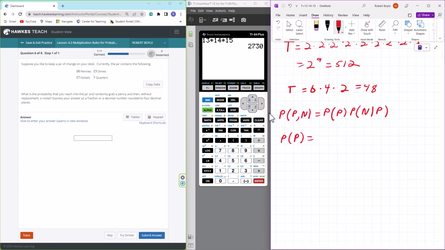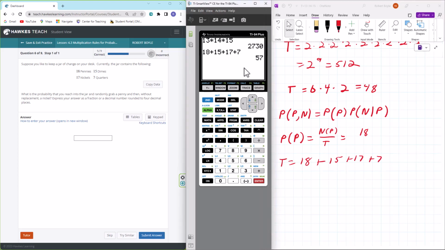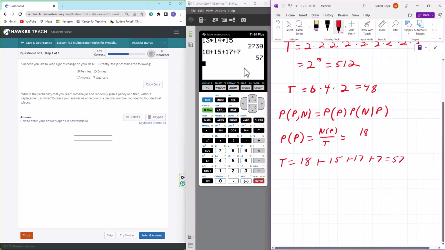That's going to be equal to the number of pennies divided by the total number of elements in our sample space. The number of pennies happens to be 18. The number of elements in our sample space, T, happens to be 18 plus 15 plus 17 plus 7, and that gives us 57. So the probability of drawing a penny is going to be 18/57.